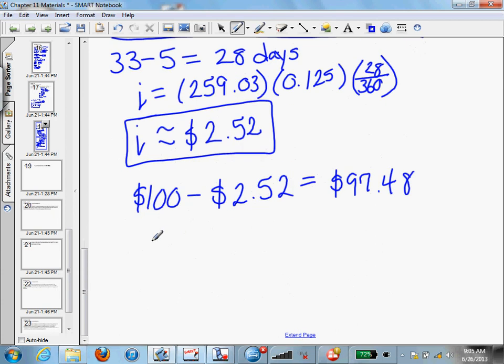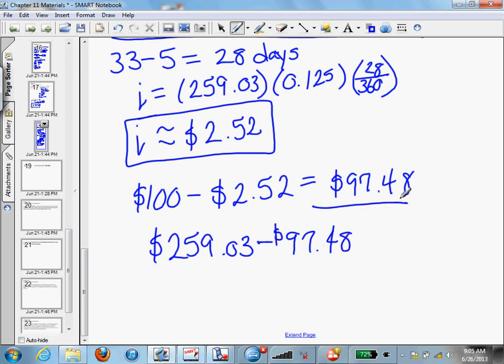Therefore, you adjust the principal of $259.03. Remember, we calculated that earlier. Here you're going to subtract the $97.48, and you get $161.55 as the new principal for the loan.